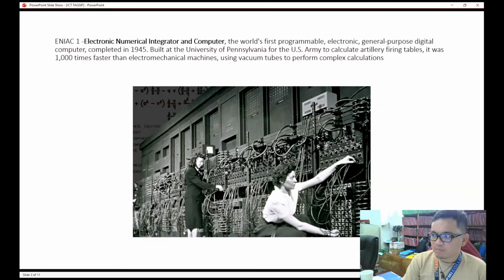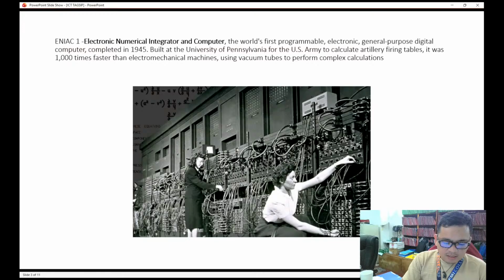This is the world's first programmable, electronic, general purpose digital computer, completed in 1945, built at the University of Pennsylvania for the U.S. Army to calculate artillery firing tables. It was 1,000 times faster than electromechanical machines. Also, the ENIAC used vacuum tubes to perform complex calculations.